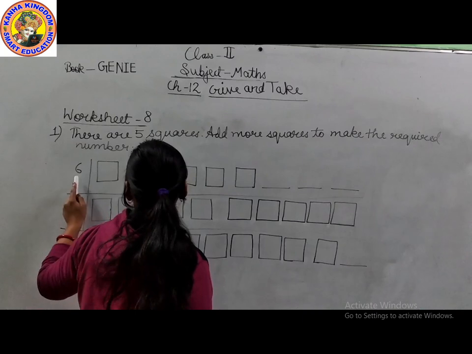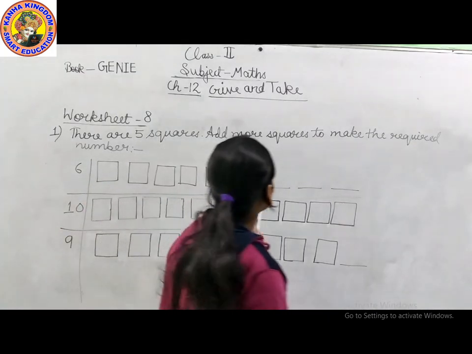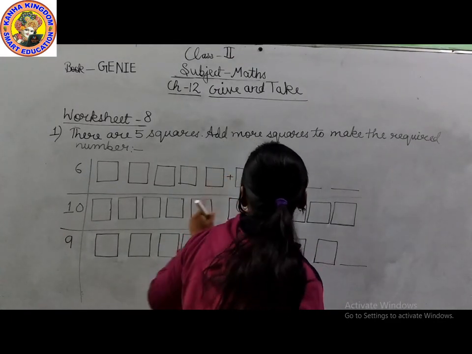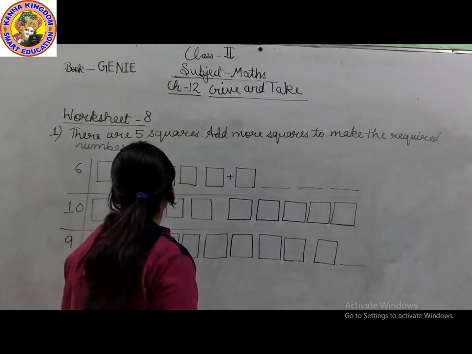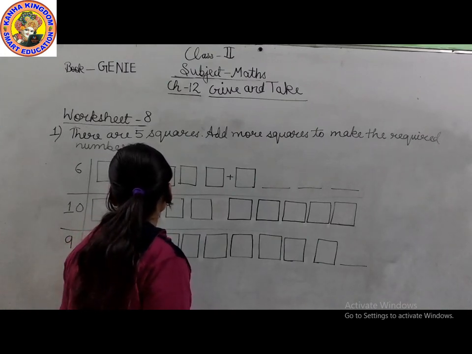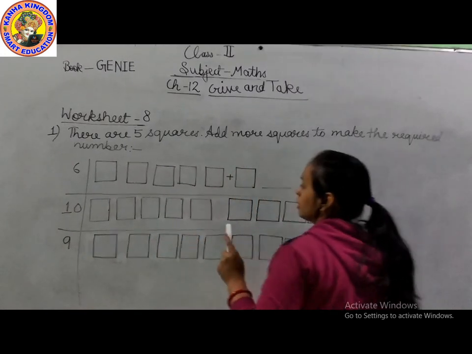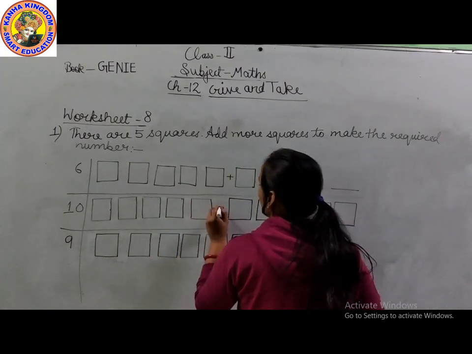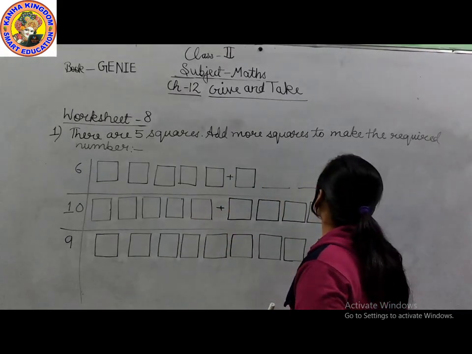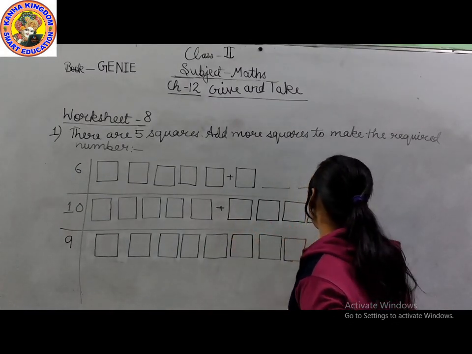In question number 1, our number is 6. 5 squares are there. So we add 1 to get 6. Now next is 10. So 1, 2, 3, 4, 5. So 5 squares are there, and how many squares do we make to get 10? 1, 2, 3, 4, 5.